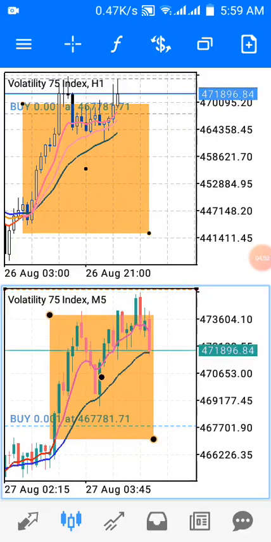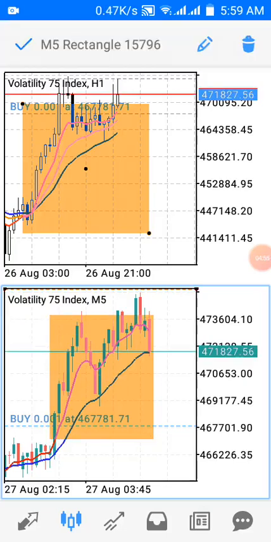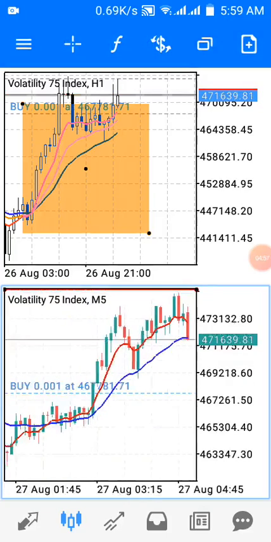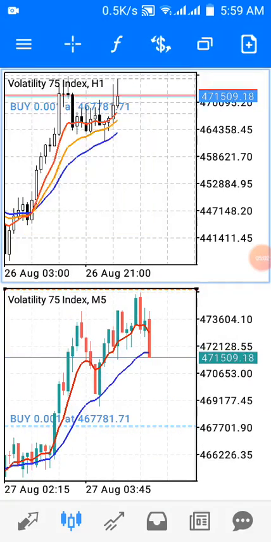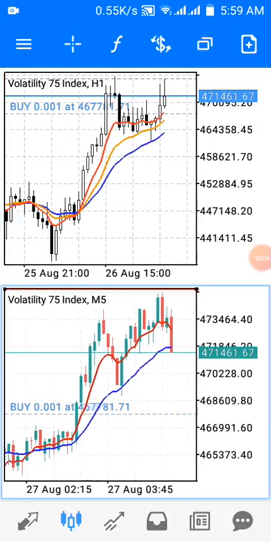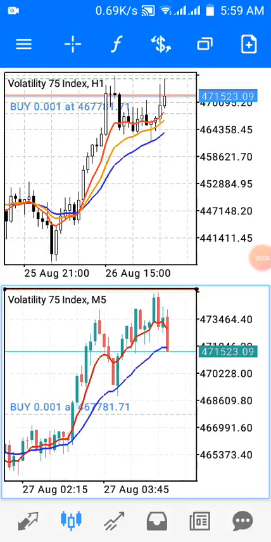So if price is ticking up on the upper window, I allow the same price to tick up on the lower window for me to have an alignment.